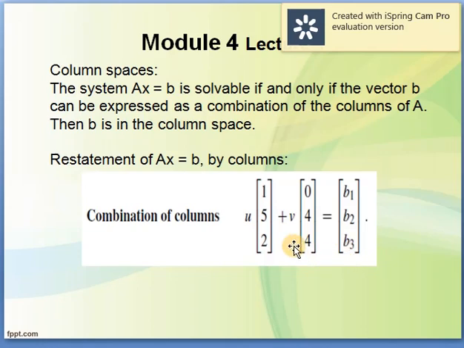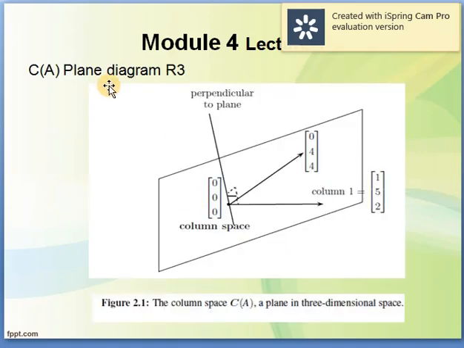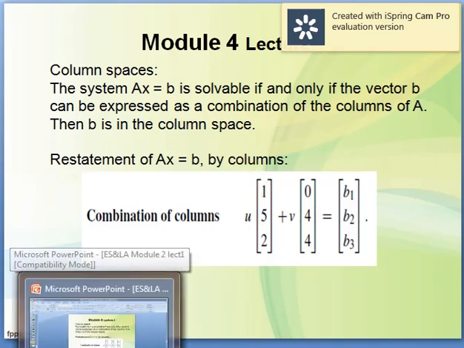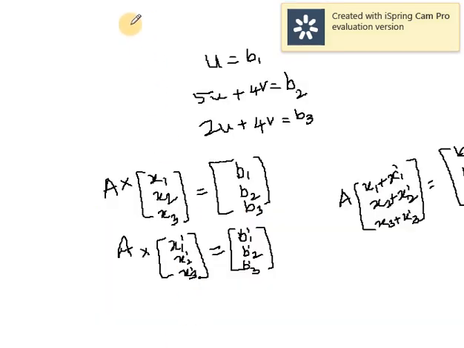Now, this equation can be solved in different ways. Let's see what the solution of this is. Before going for the solutions, if we want to represent 1, 5 and 2, what does this indicate?